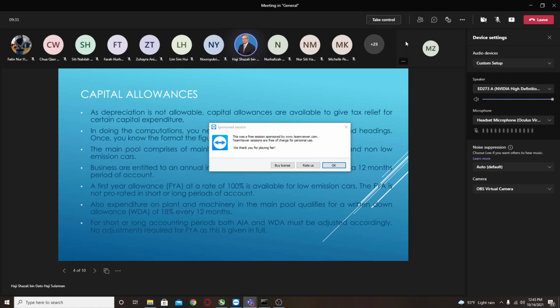What they could do, instead of giving an initial or first year allowance of only 20%, is to increase it to 50 to 100%. The best way to encourage companies to invest is to give them more incentive. But remember that when you give incentive upfront, you're only deferring the tax liability to a future period.